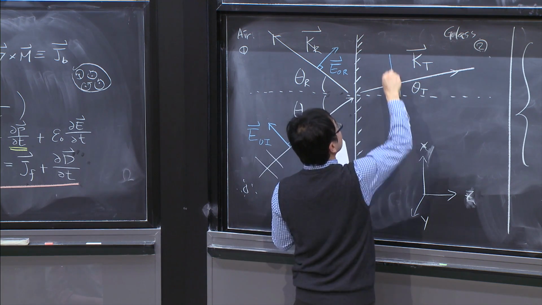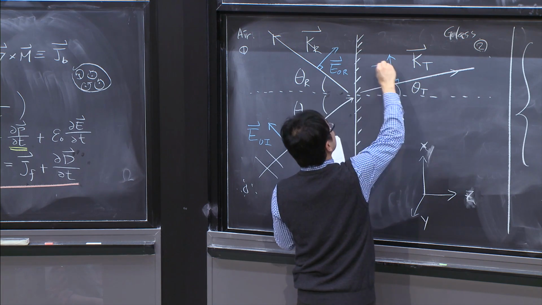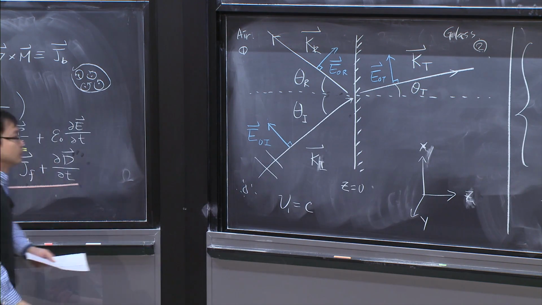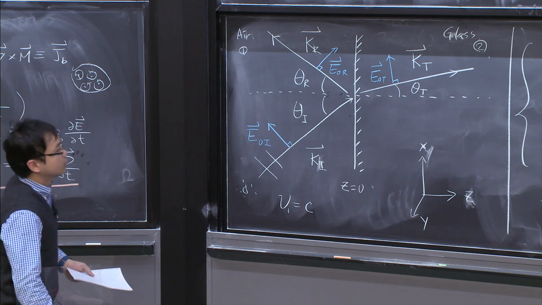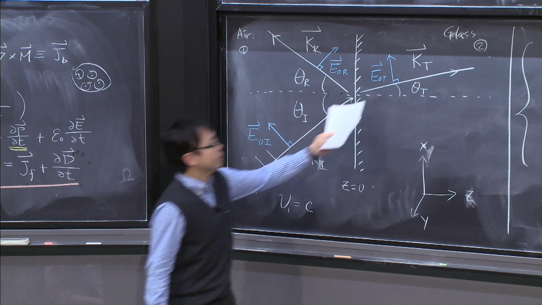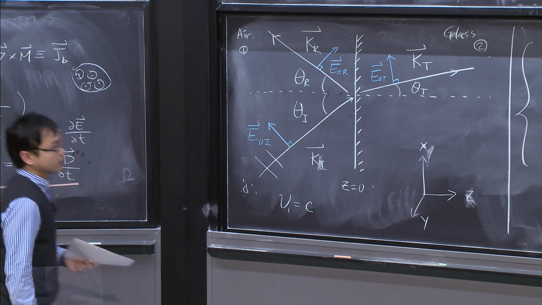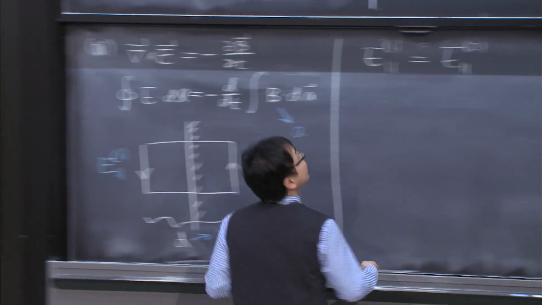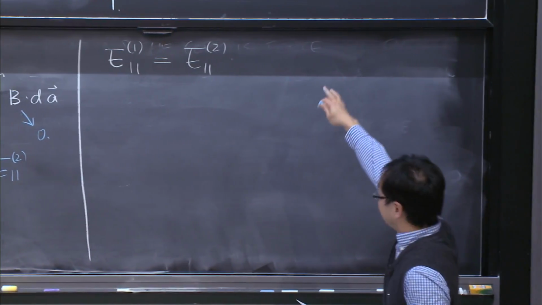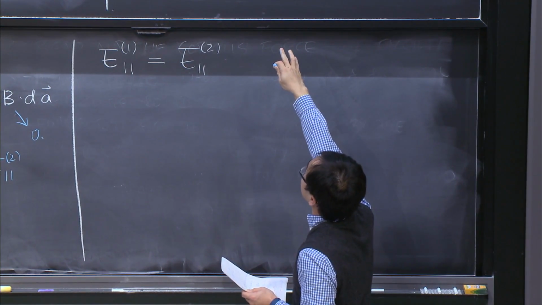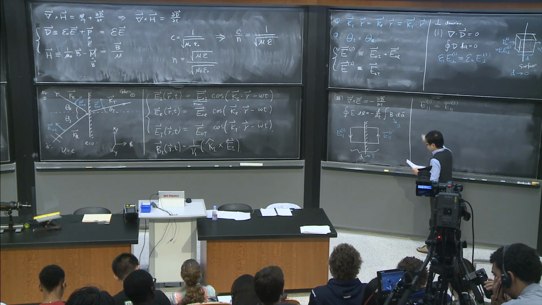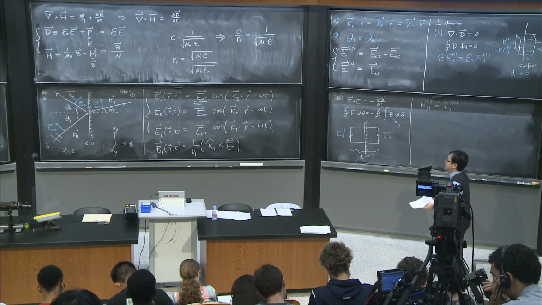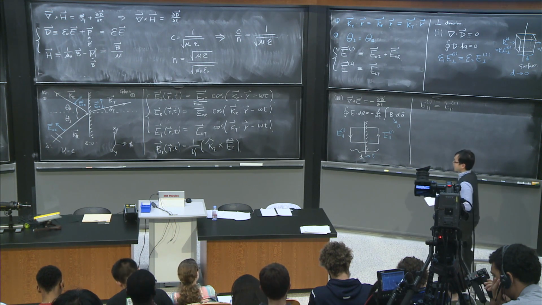And finally, I will be able to also write down the corresponding polarization for the transmitted wave, which is also perpendicular to the direction of propagation. Okay? So therefore, I can now make use of boundary condition 1 and boundary condition 2 to figure out the relation between E0I, E0R, and E0T.